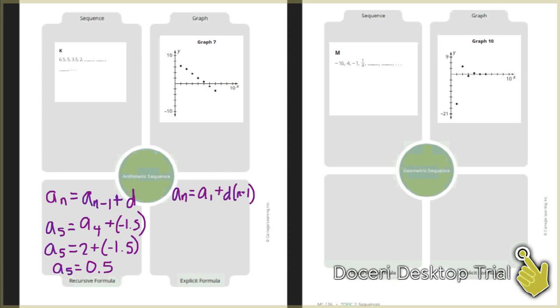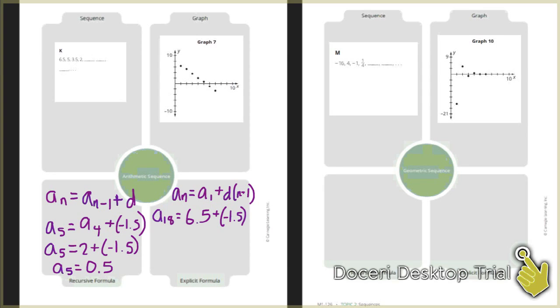Then if we're trying to find the 18th term, we know that it's a to the 18th. The first term in this sequence is 6 and a half, so we have 6 and a half plus the difference, which was negative 1 and a half.